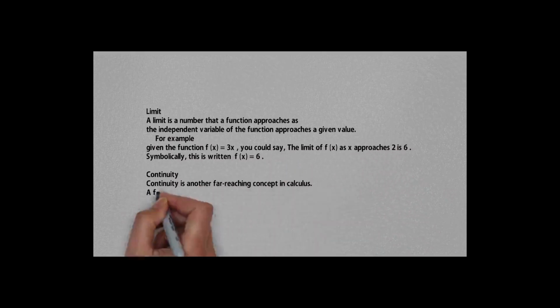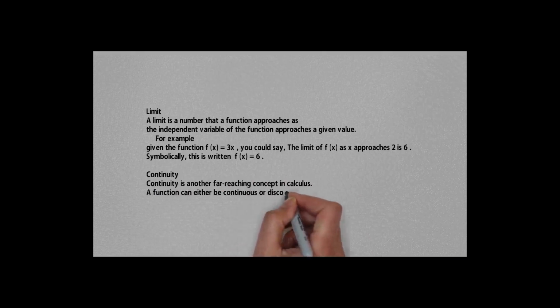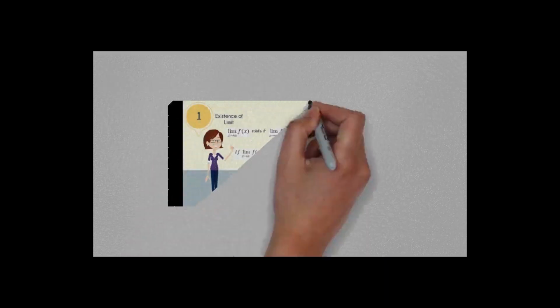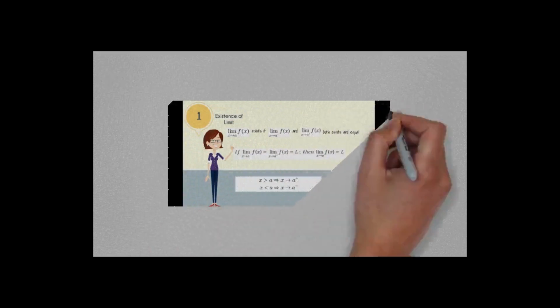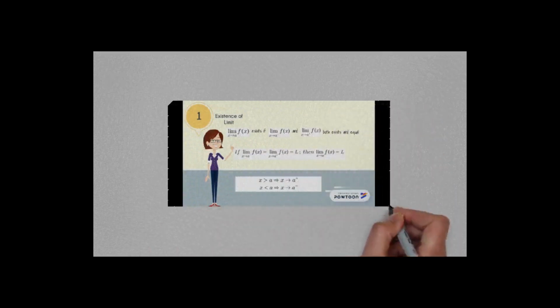Continuity. Continuity is another far-reaching concept in calculus. Existence of limits. The limit of f(x) as x approaches a exists if the limit as x approaches a from the minus side and the limit as x approaches a from the plus side exist. And this is the example of existence of limit.